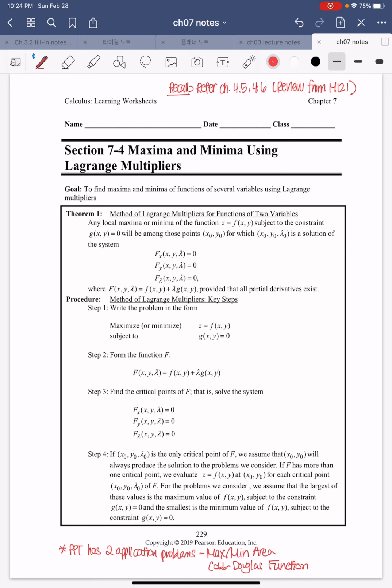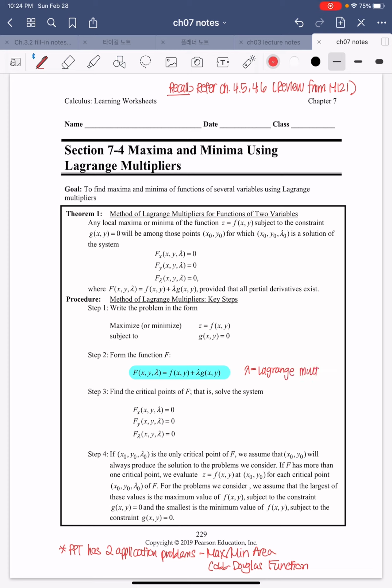Okay, so just to go over briefly all the notation. This function right over here is the Lagrange multiplier function, and particularly the lambda is the Lagrange multiplier, which is a constant number.